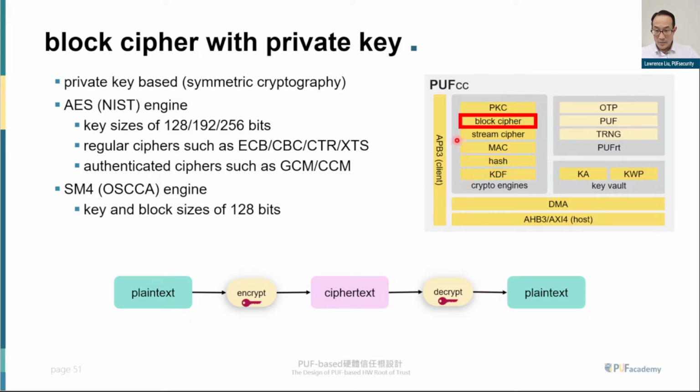The block cipher block for PUFcc supports NIST's Advanced Encryption Standard, also known as AES, with key sizes of 128, 192, and 256 bits, with support for such regular modes as ECB, CBC, CTR, XTS, as well as supporting authenticated ciphers such as GCM and CCM. And China as well is represented here with the SM4 engine, supporting key and block sizes of 128 bits.